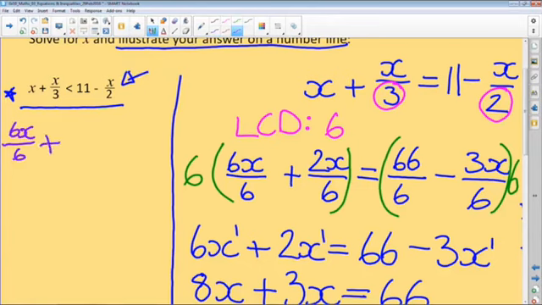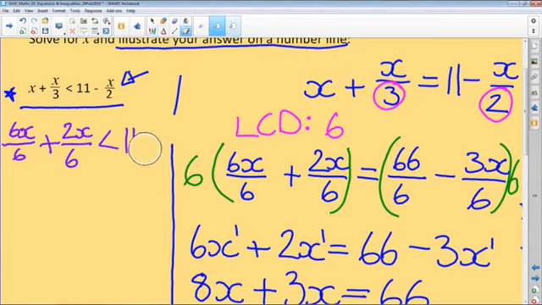Plus 2x over 6. Now that's going to be less than, oh sorry, not 11 minus x. I'm changing it to a lowest common denominator. So that's 66 over 6 minus 3x over 6.